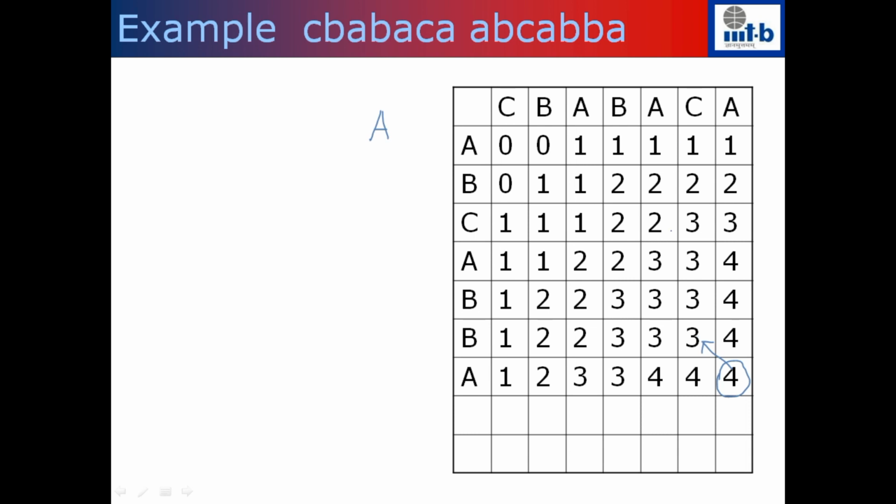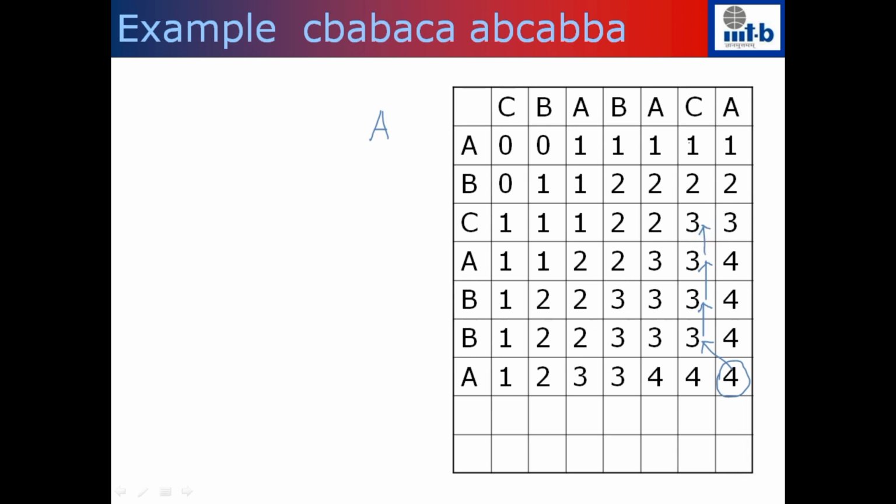So b is not same as a. So this 3 has come from the maximum of these two. Since both of them have the same value, we can choose either of them. That means that the longest common subsequence need not be unique. So in this case, let's say that we decrement the value of i, we go up. Again we compare b and c, they are not same, so we again go up. a and c, again it's not same, so this 3 has come from this value.